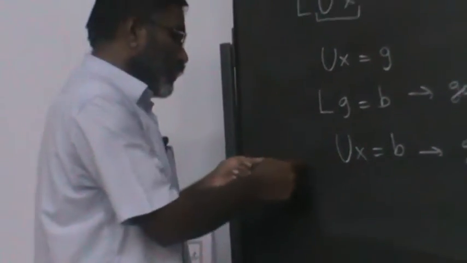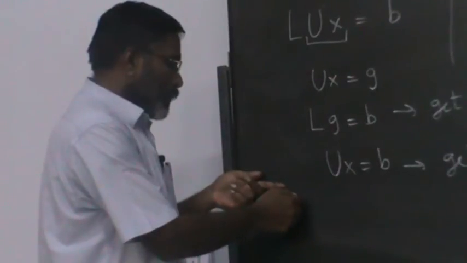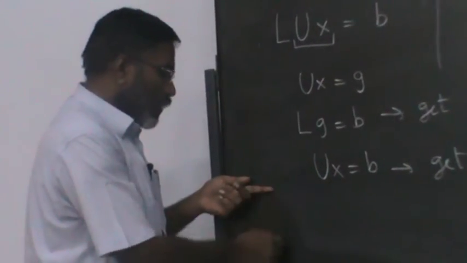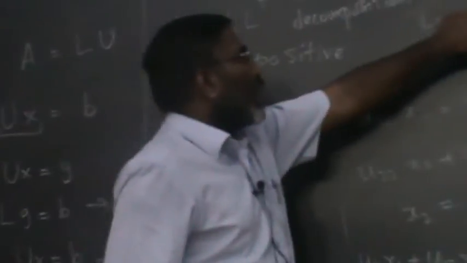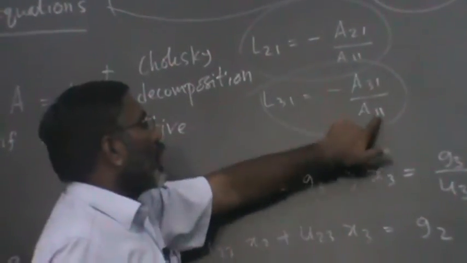There is only one point which is computationally important. If you are working on a computer, there is one technical point that you have to keep in mind. When you are trying to do this triangularization of the matrix, you have a problem. You should not always think that you should take the second, third, and fourth entries of the first column and make them 0, because as you can see here, this A11 is in the denominator.